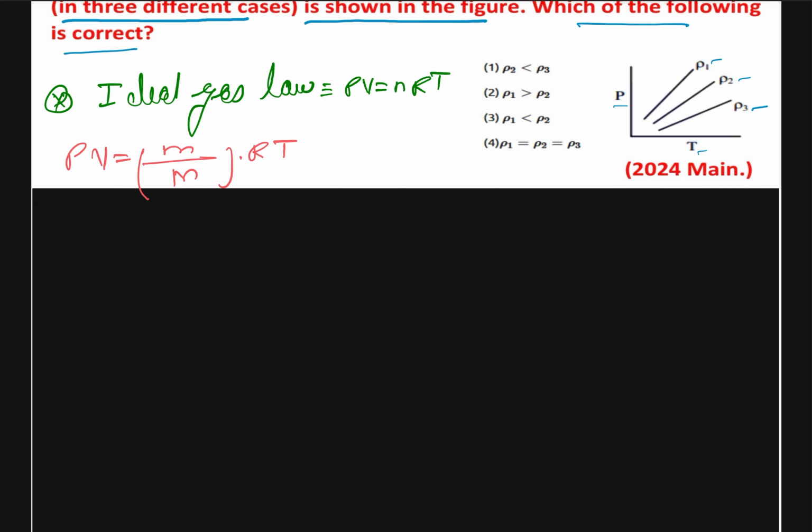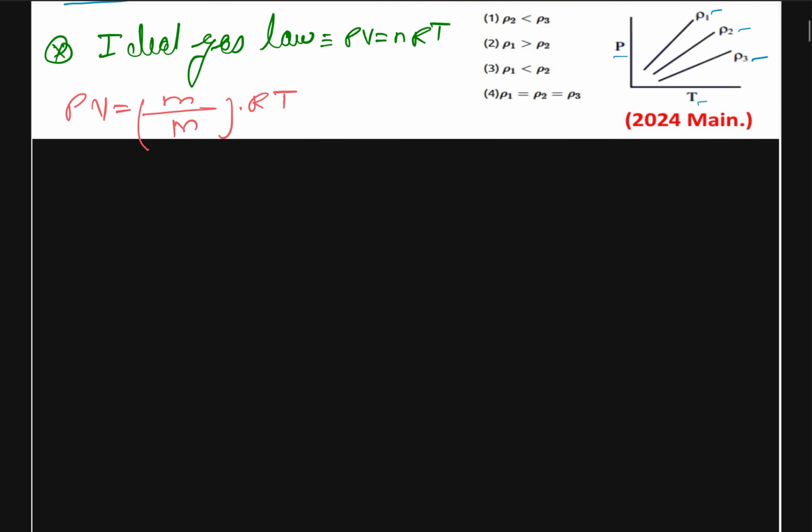And this can be further modified, and we can write this in terms of pressure only.